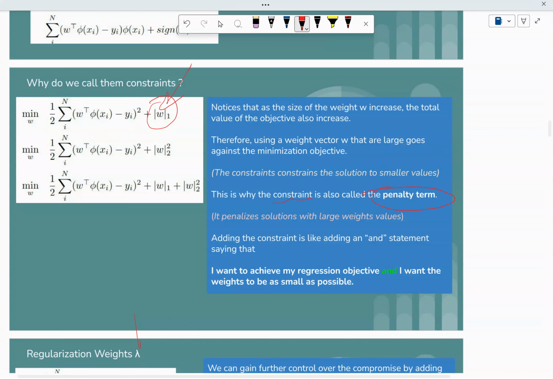Okay, so it penalizes solutions with large weights. Now I want you to think of regularizers as essentially adding an extra constraint on the solution. And the constraint is an and statement. I want to achieve my regression objective and I want the weights to be as small as possible. Okay, so that's how you can picture the constraints.